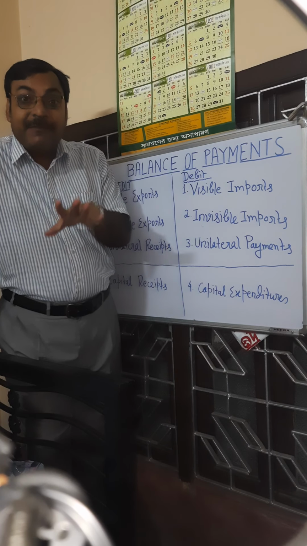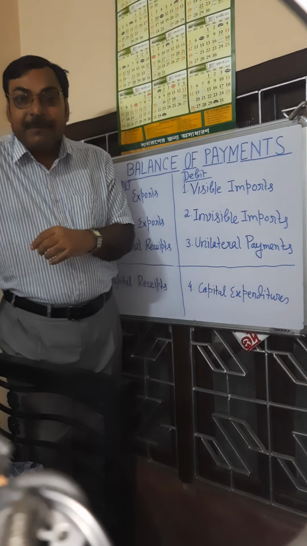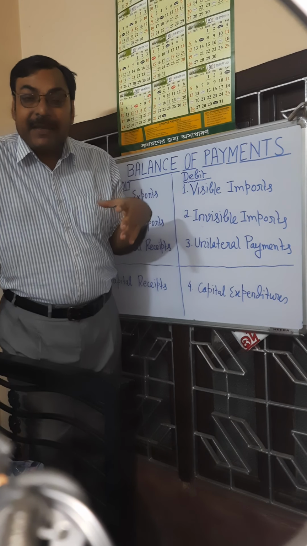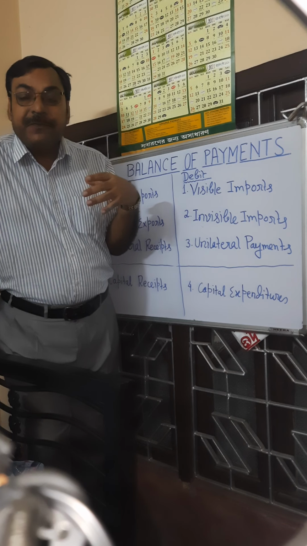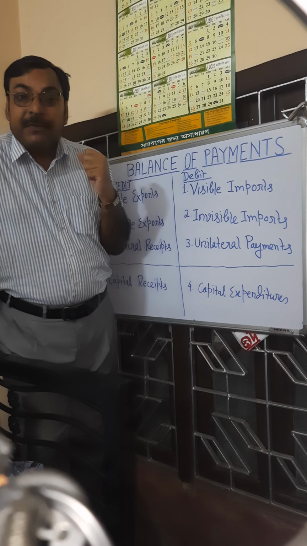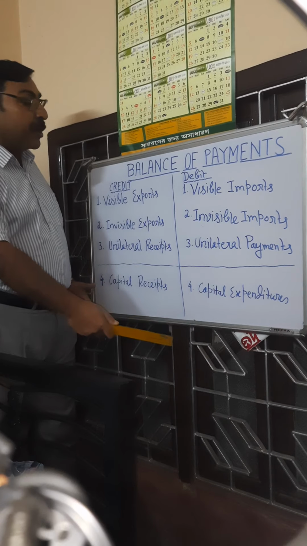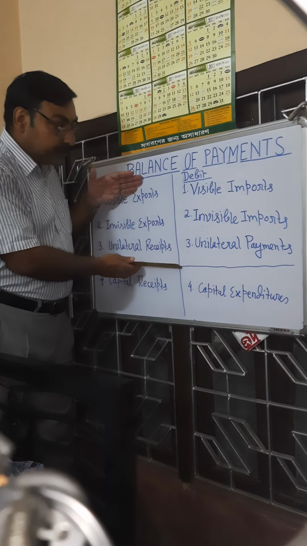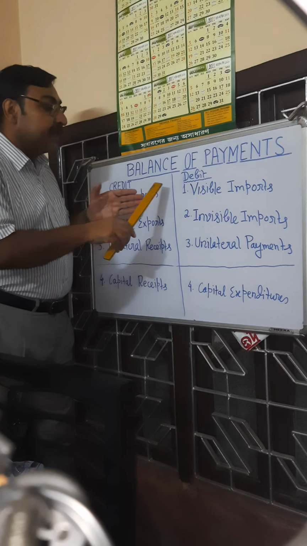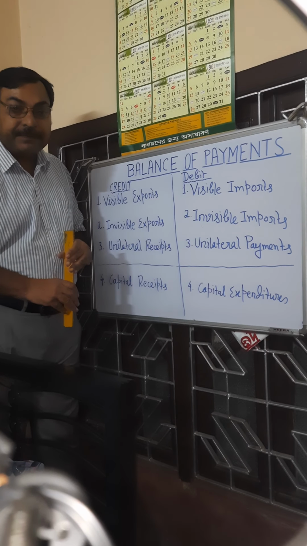These items which help to bring equilibrium are called accommodating items of balance of payment. Other items which are recurring in nature and guided by some profit motive are autonomous items of balance of payment. So it's a broader concept. Balance of payment account is a broader concept, includes current account. Current account means items which are guided by profit motive. That includes visible items, invisible items, and unilateral items.